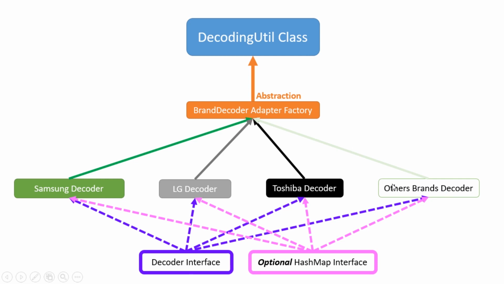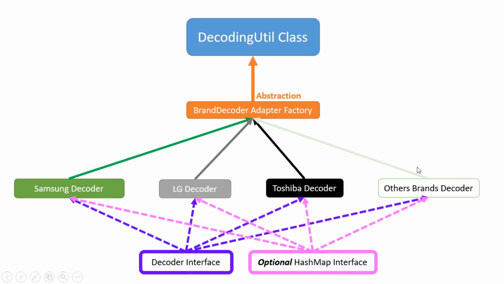This way we have never changed the decoding utility class. We only need to change this other brand decoder, because it will contain the implementation of our contract of the decoder interface, with or without the optional hash map interface.